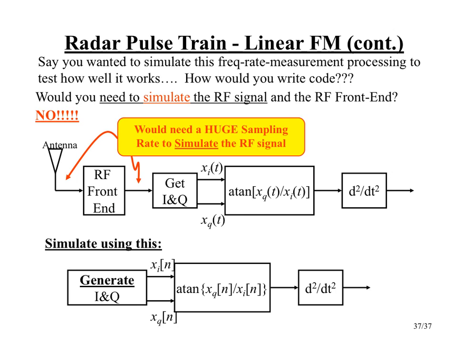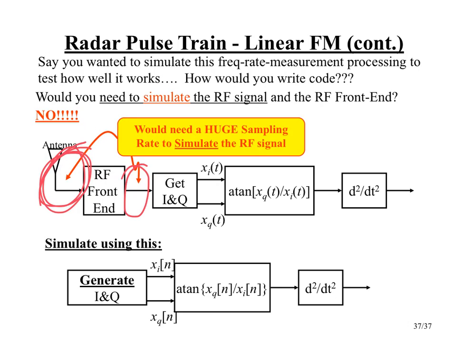Now, suppose you want to simulate this processing, and this is an important issue. Would you really want to simulate the signal that's here or even here? No. Certainly simulating the signal here would require a huge sampling rate to simulate an RF signal actually up at its highest frequency. But we don't need to do that.